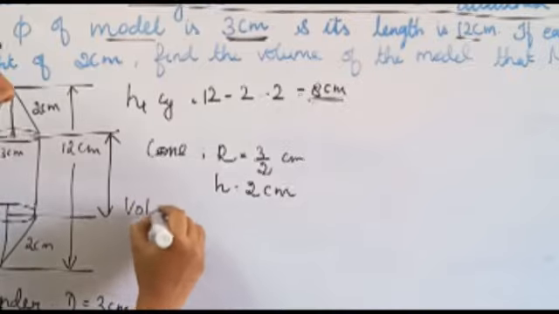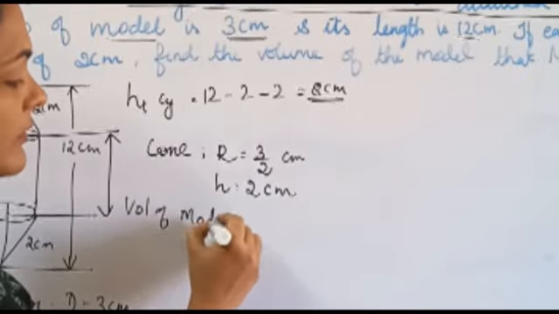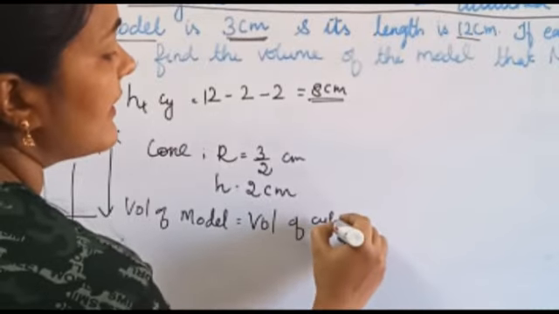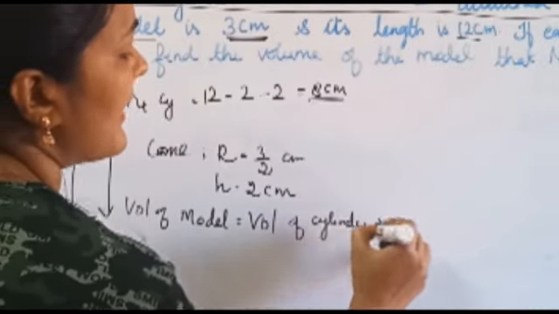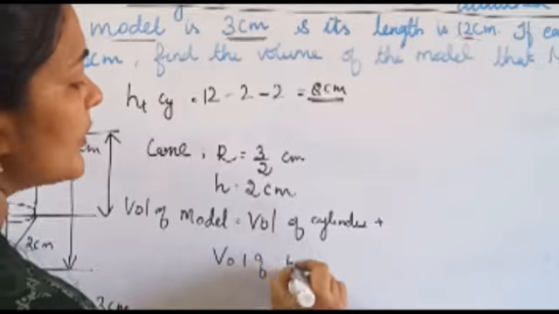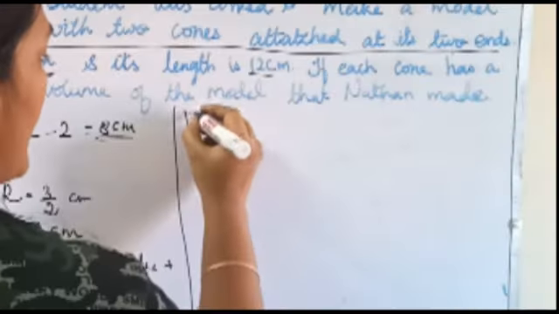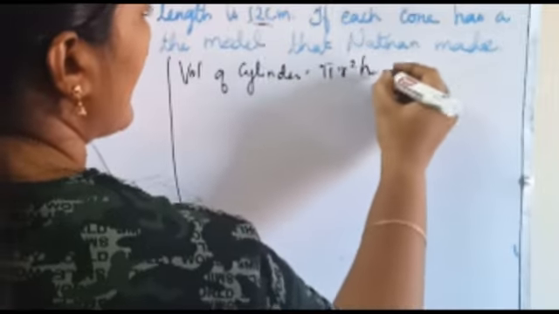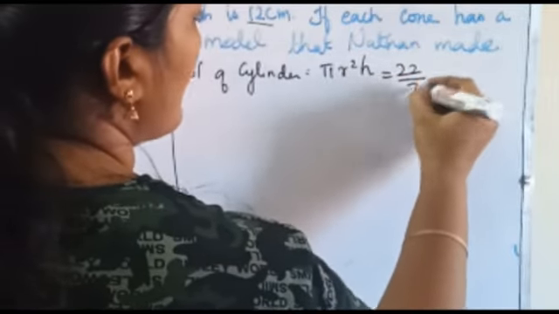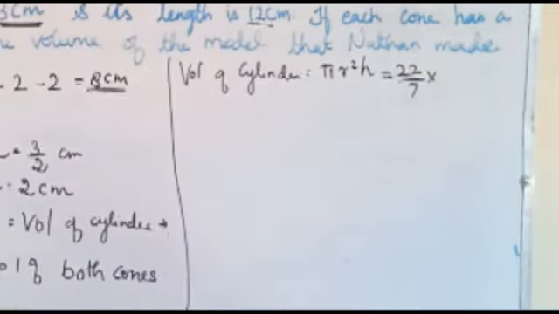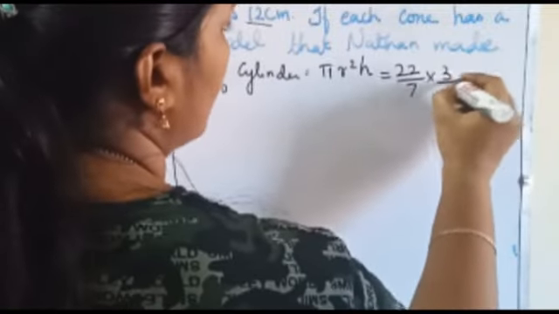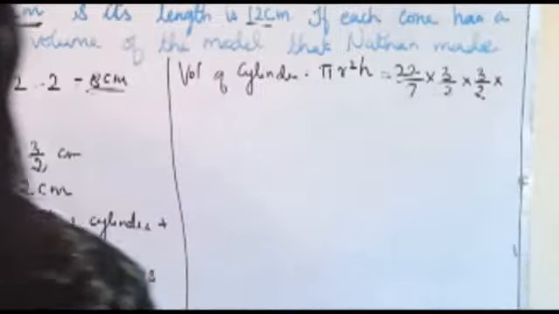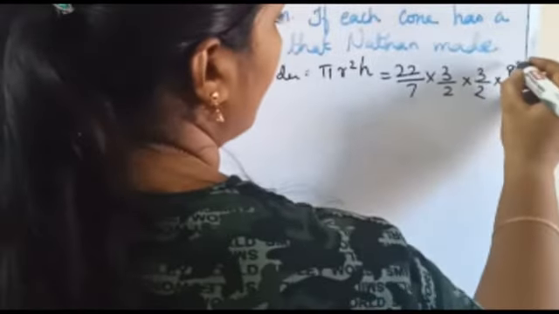Volume of the model is equal to volume of cylinder plus volume of both cones. Volume of the cylinder is equal to pi r square h, which is equal to 22 by 7 into r square, 3 by 2 squared. So 3 by 2 into 3 by 2 into the height, 8 centimeters.